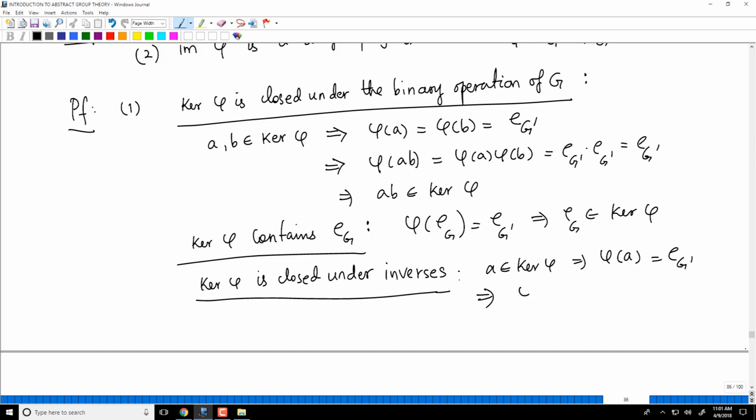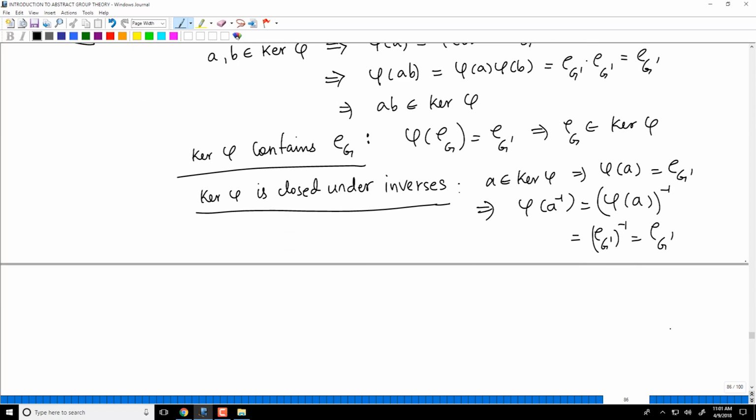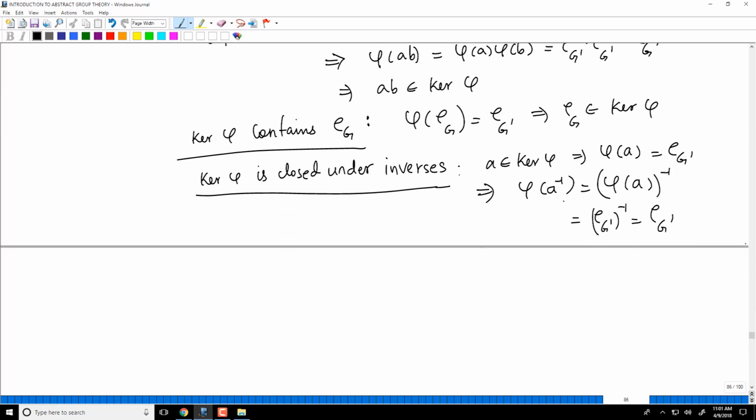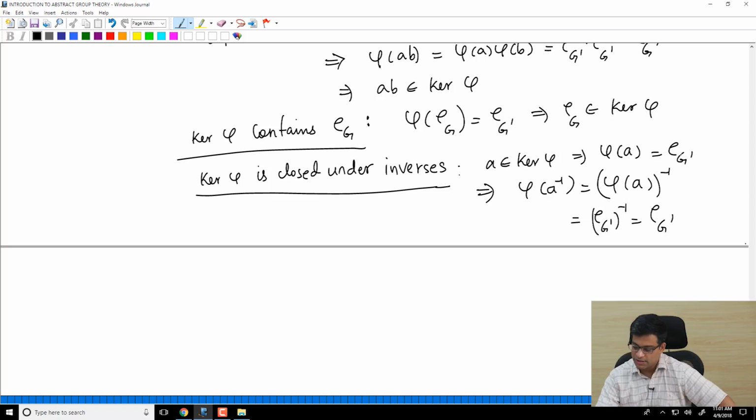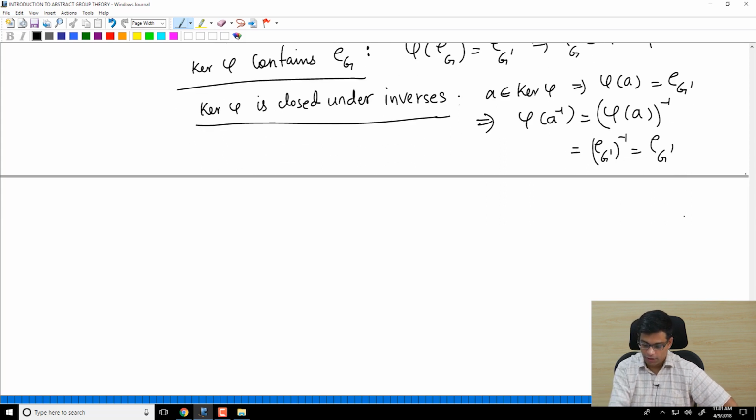Phi of A inverse, by the previous proposition, is the inverse of phi of A, which is EG prime inverse, which is EG prime. The inverse of the identity is itself. So that means A inverse is in kernel phi.